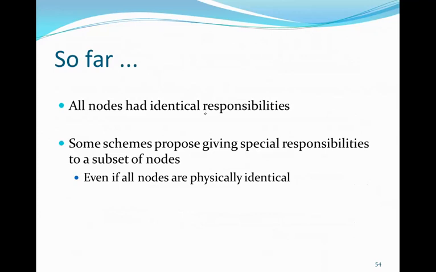So far, we have discussed homogeneous networks in which all nodes have identical responsibility. Some schemes propose giving special responsibilities, such as cluster head, group leader, or forwarding node, based on their position and characteristic. But most of the characteristics of these nodes are the same.